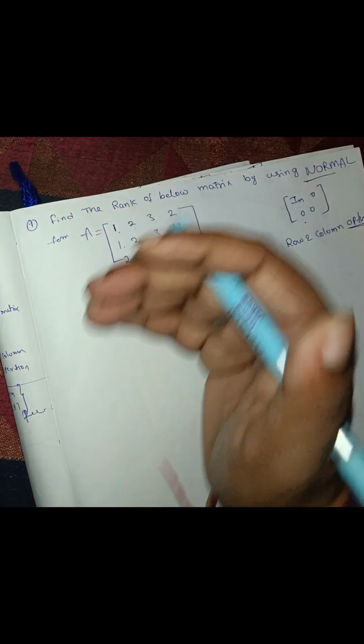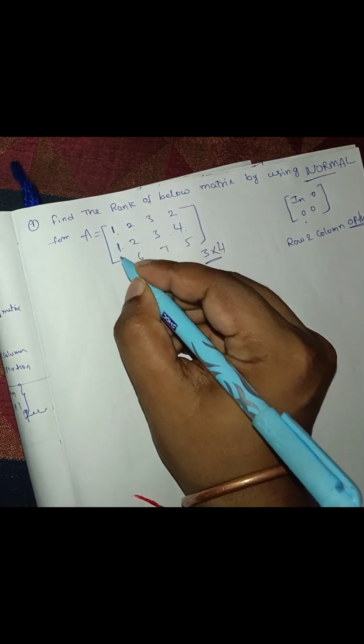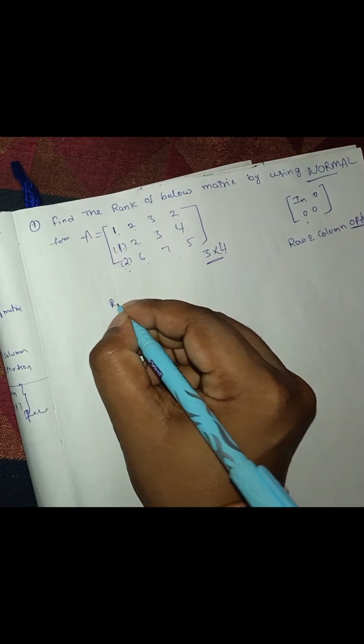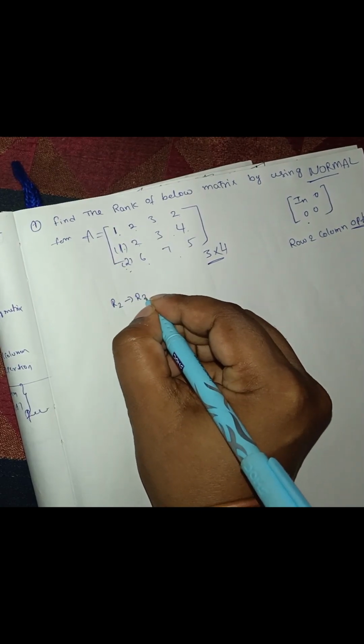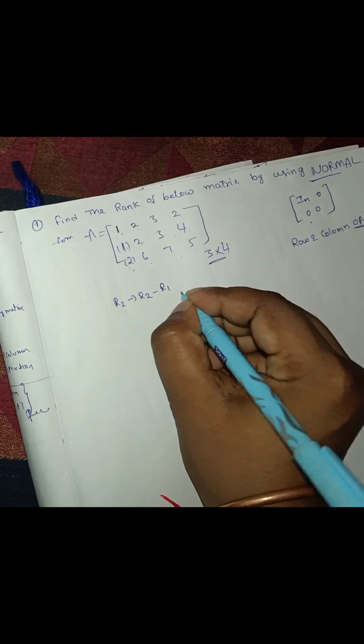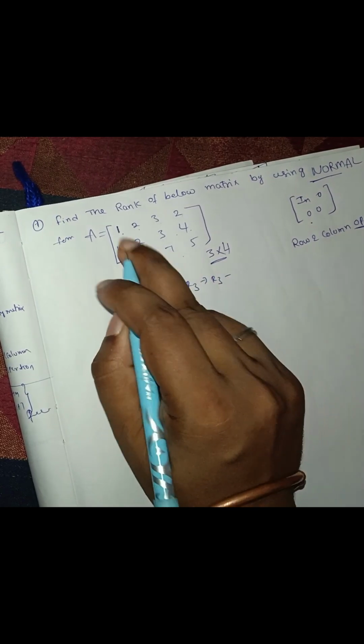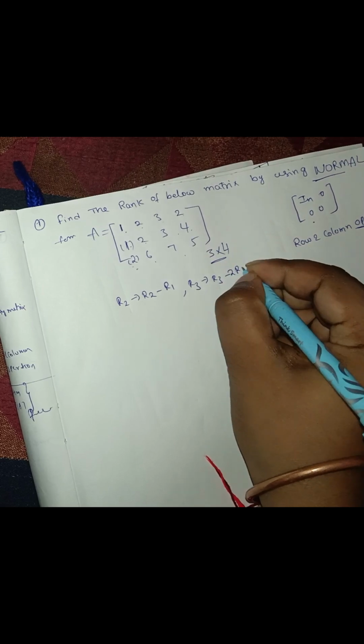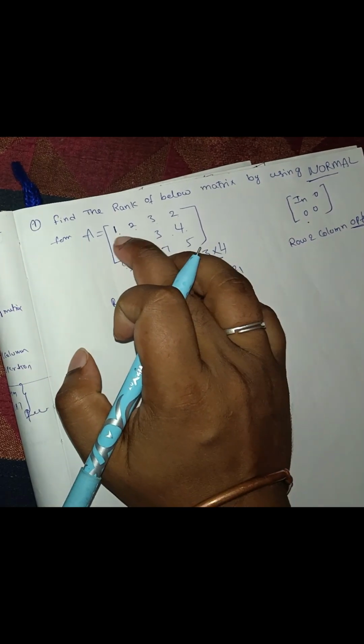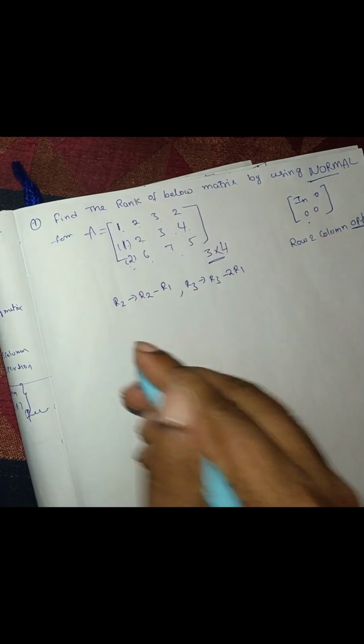What we have to do is convert this into 0 and this into 0 by using the first row. So R2 tends to R2 minus R1, R3 tends to R3 minus 2R1. By using the first row, I'll make this as 0 and this as 0.